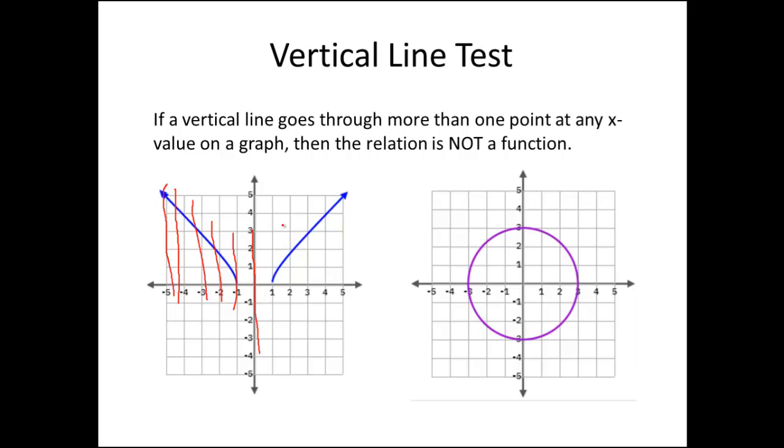That's fine. But everywhere else, I'm only touching one point at a time. So I would say that this is a function. It passes the vertical line test. I'm even going to say VLT for short.